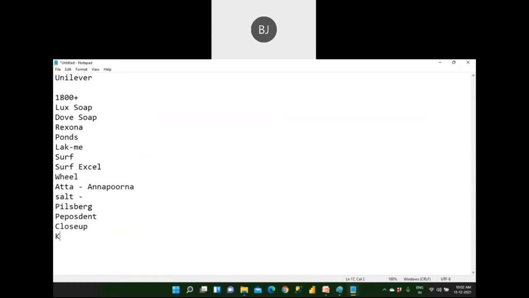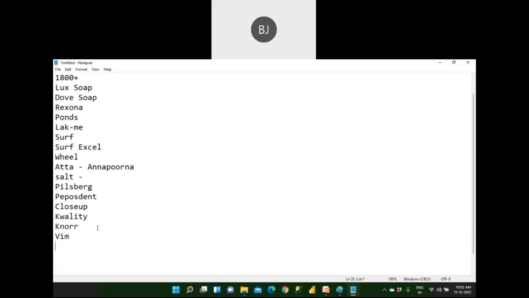If you wanted to eat ice cream, then Quality Ice Creams. Then Knorr Soups, right? Then we have Vim Bar, right? Everybody will use it. Whatever you want to have, Vaseline, right? Whatever you would like to buy, you have Brooke Bond. If you don't like Brooke Bond tea powder, then immediately they have Taj Mahal.